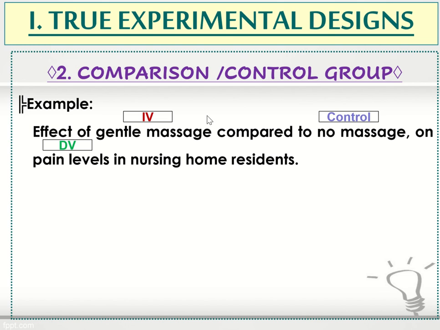Okay, the group getting the intervention, which is the gentle massage, on the same outcome. Okay, so si experimental group, sila yung makaka-receive ng gentle massage. Si control group, no massage yung sa kanila naman. We withheld the treatment or the intervention to the control group.